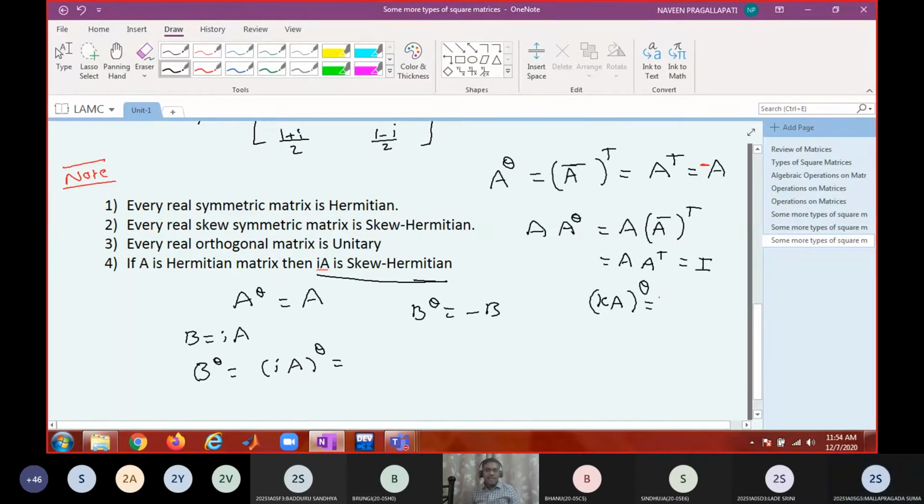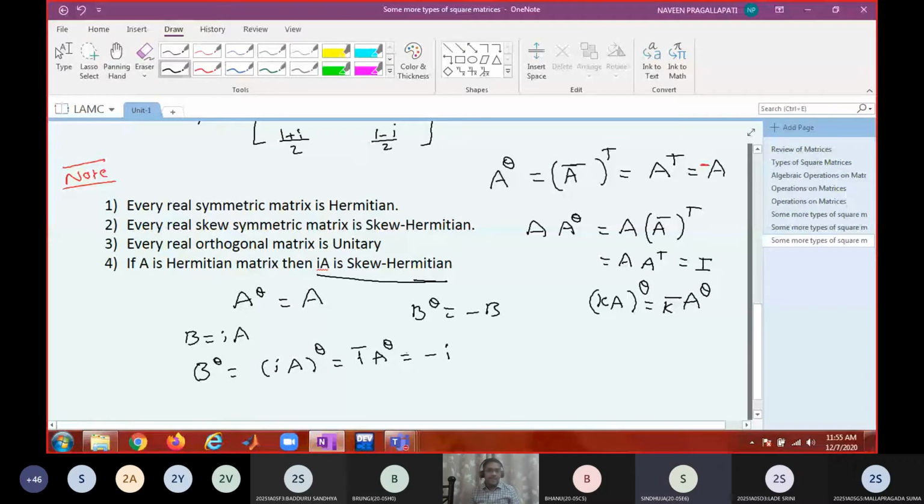What is (kA)^θ? It is k bar into A^θ. So please remember the properties. Therefore, this has to be i bar into A^θ. But what is i bar? Minus i. I bar is minus i.